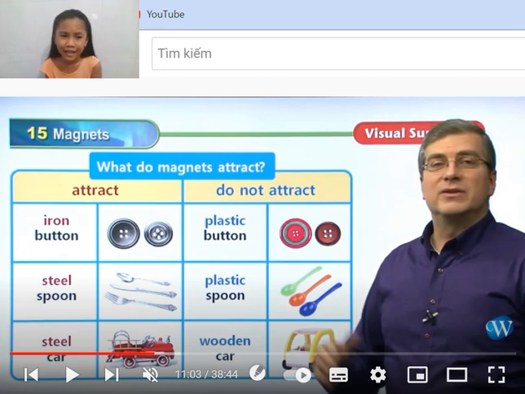But sometimes if we have these buttons, spoons, or cars, they can't attract to magnets. What are they? Maybe buttons made out of plastic, like plastic buttons on your father's or mother's shirts.